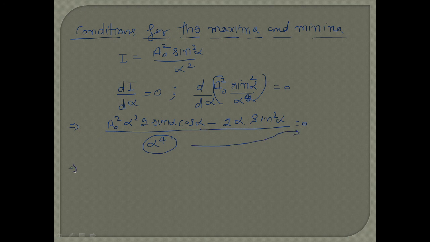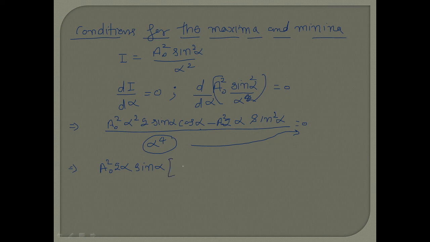Then we get A naught square 2 alpha sin alpha, taking out sin alpha from this bracket.